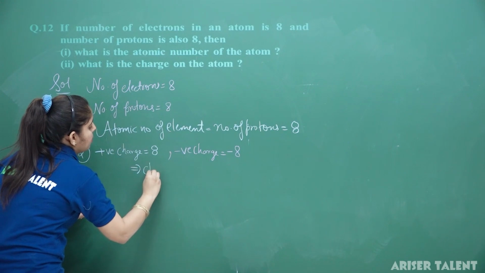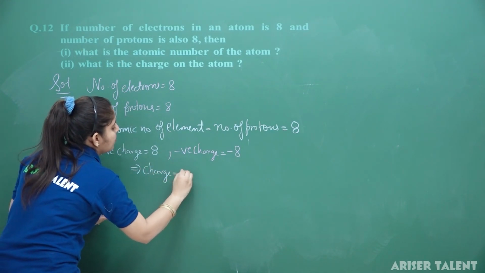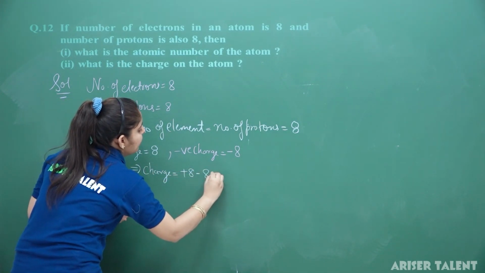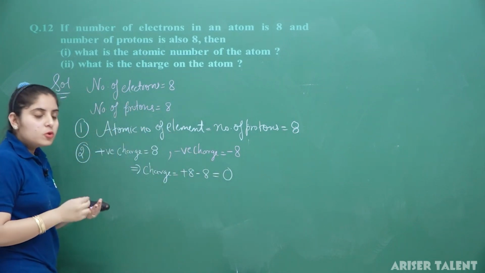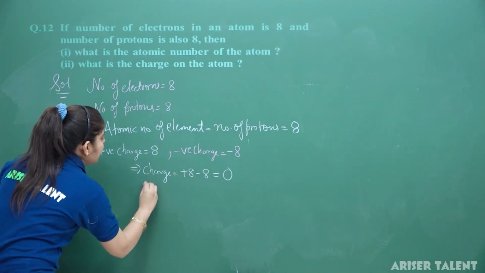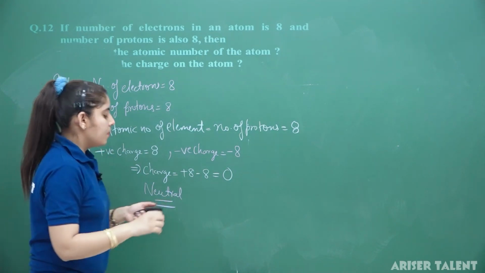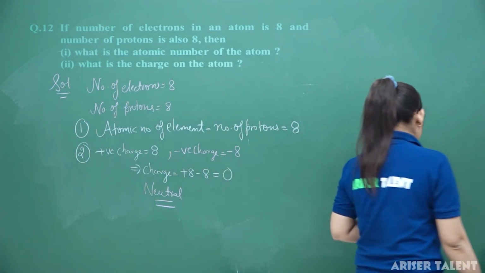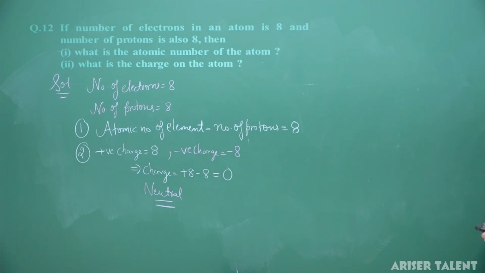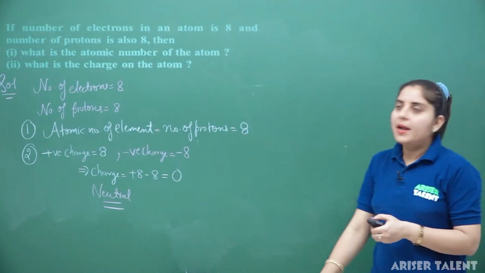So the charge will be +8 -8, which gives us 0. So we can say that the atom is neutral. So it is about the neutrality of the atom.